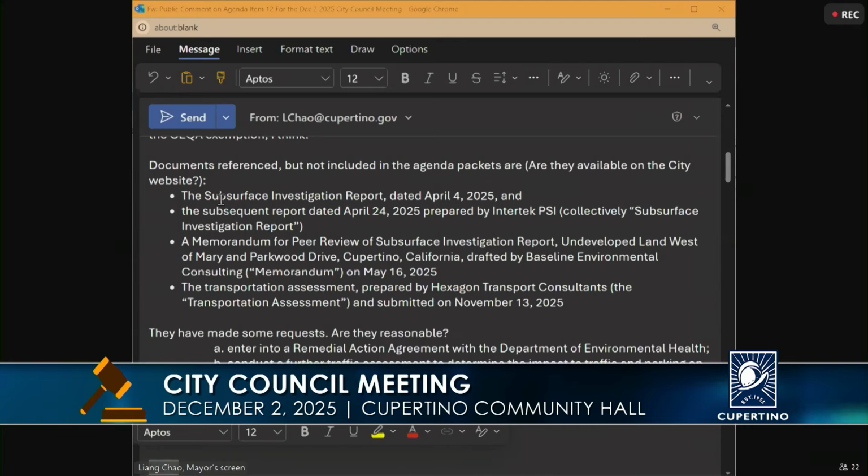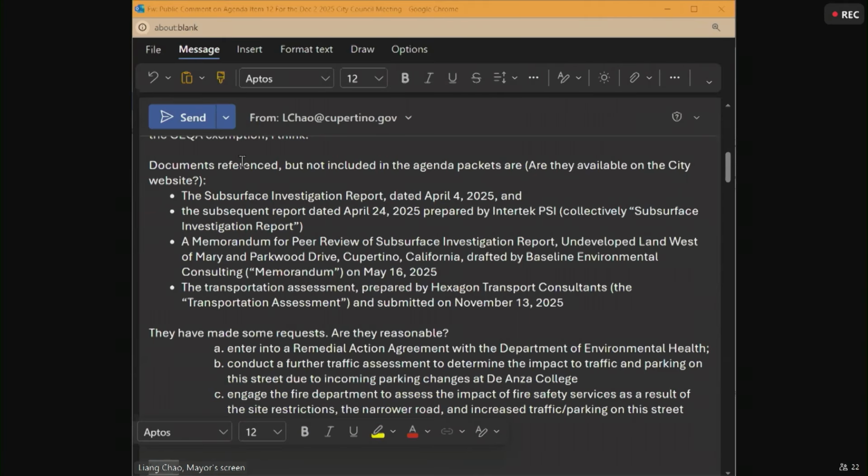Now, I would like to ask a question that the attorney for the Garden Gate neighborhood raised, because I'm still not very certain about that. So I mentioned that there were documents referenced by the letter from that attorney. These 4 documents, 3 of them in the share screen, the first 3 are environmental documents that I haven't read.